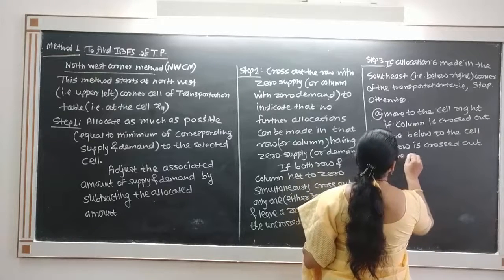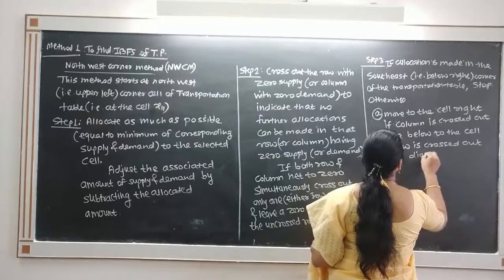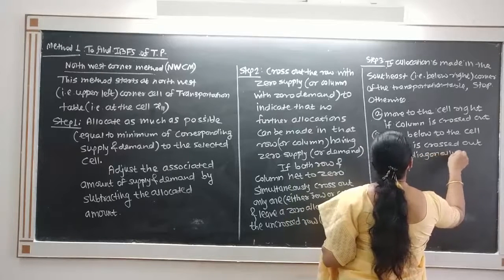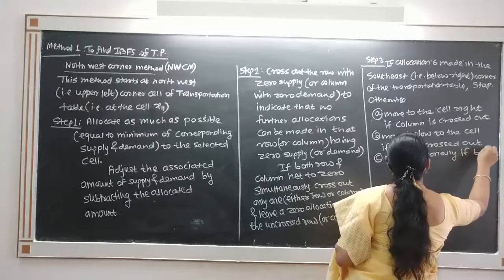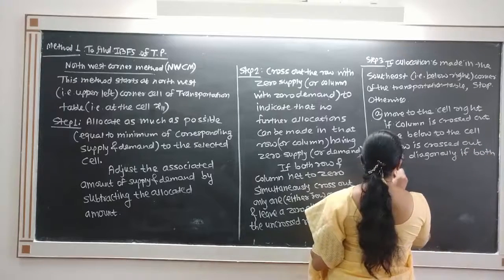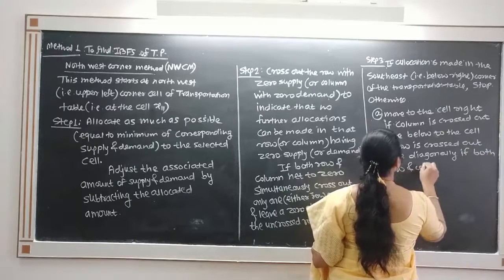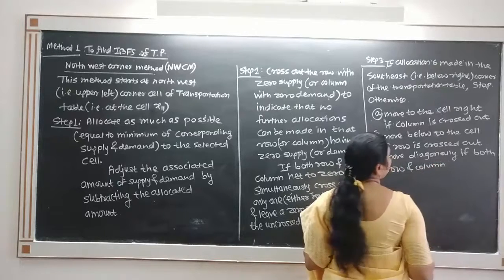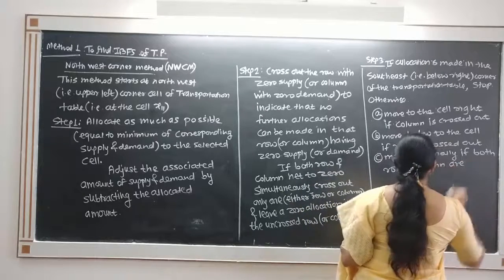Move diagonally if both row and column are crossed out simultaneously.